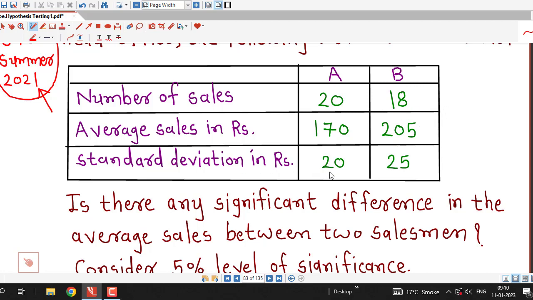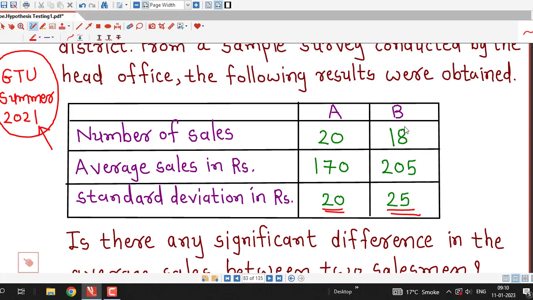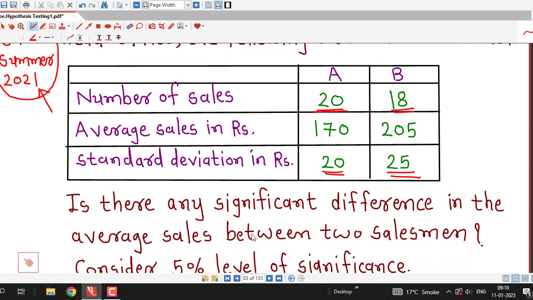Standard deviation for salesman A is 20 rupees. For salesman B, it is 25 rupees. So these are the samples: 20 sales for salesman A and 18 sales for salesman B. And from this information, we have to check whether there is any significant difference in the average sales between two salesmen.